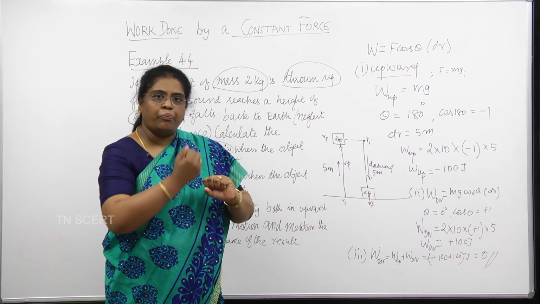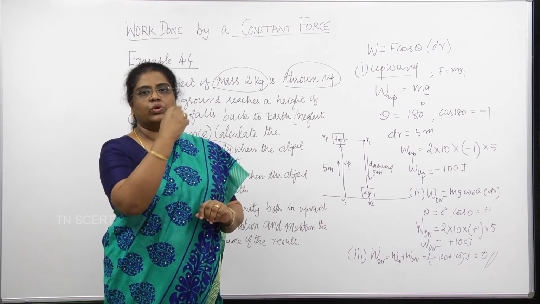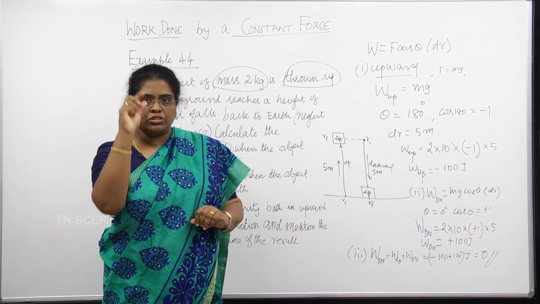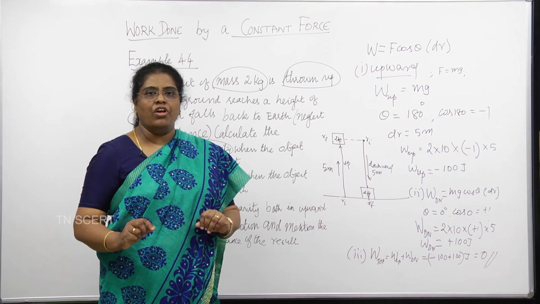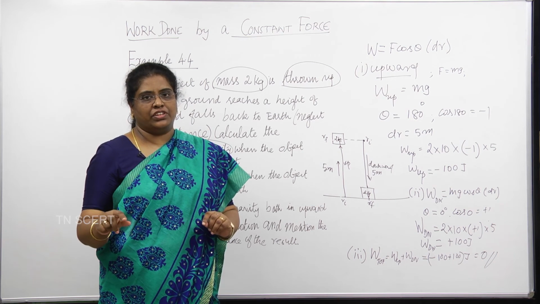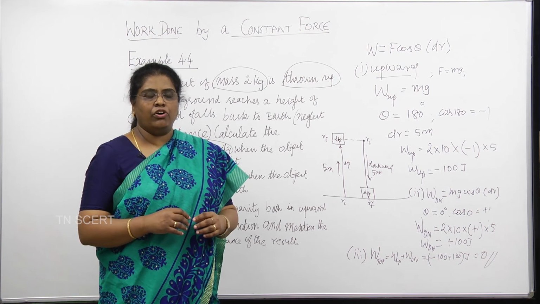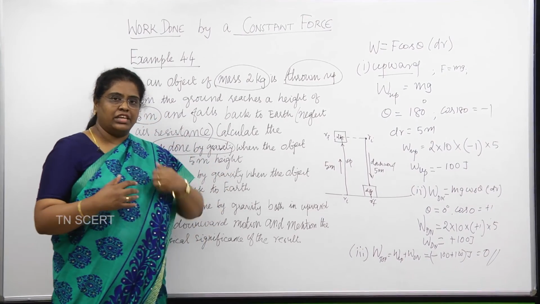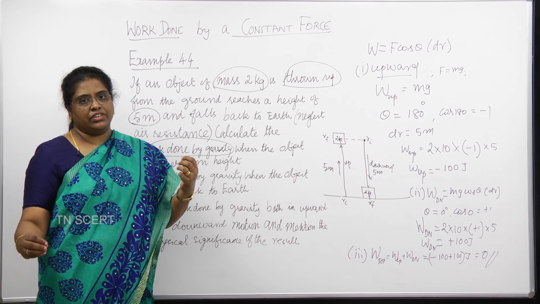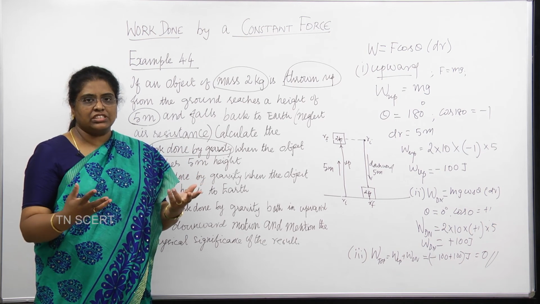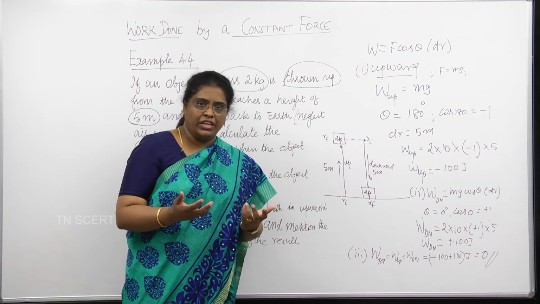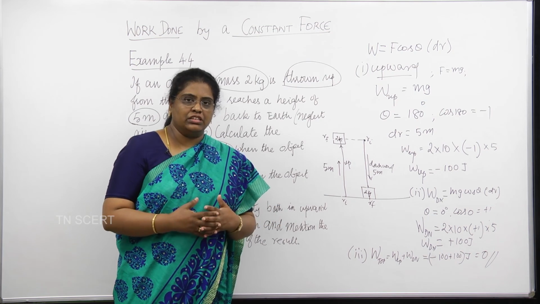So, during the upward motion, energy is transferred to the object. But during the downward motion, where it comes through the same distance and reaches the ground, energy is transferred by the object to the surface of the earth and it dissipates. Energy is given to the object, and the object comes back and transfers the energy to the surface of the earth. This is the physics we learn from this answer: positive and negative of equal magnitude, and therefore work done is 0.